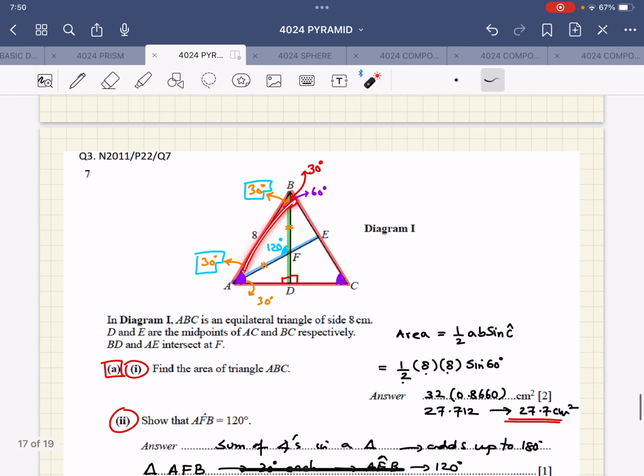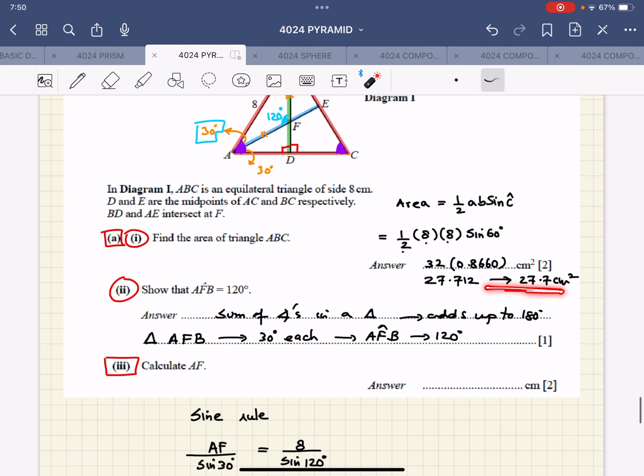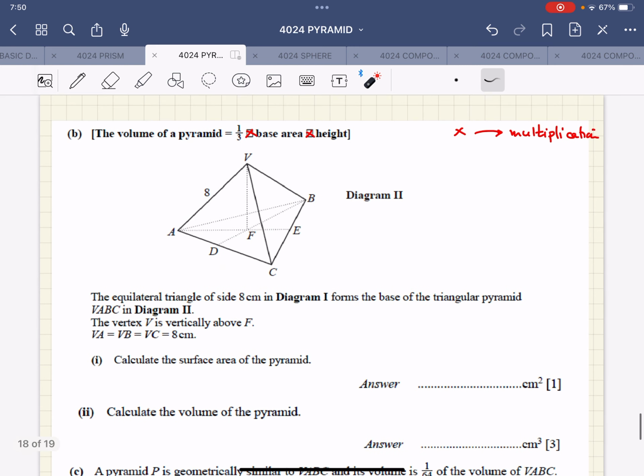So this one over here, that's the base. We already have the area. We have AF also. And then it says the vertex V is vertically above F. So V is vertically above F right over here.